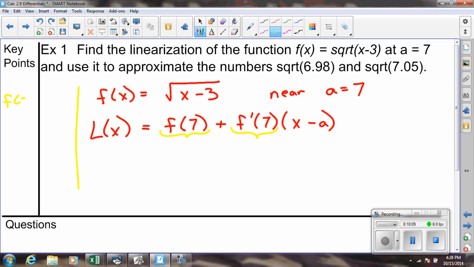Those are both things that are relatively quick to get. For f of 7, we'll just plug in 7 minus 3. So the square root of 4 is 2. That part is 2. In order to calculate f prime of 7, we will need the derivative. So we are taking the derivative of our function, square root of x minus 3, but the square root is a 1/2 power.